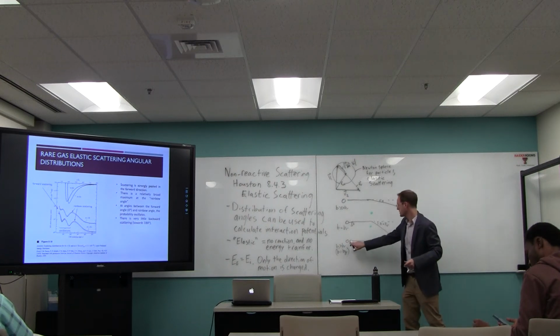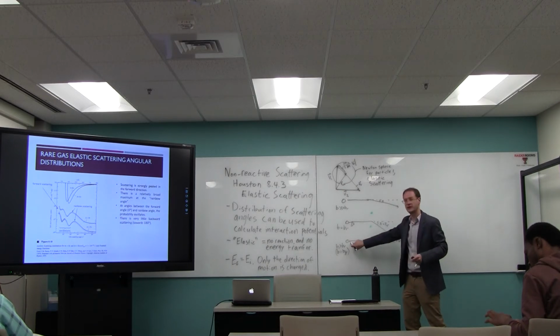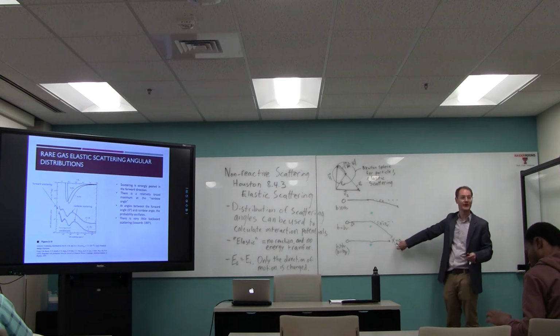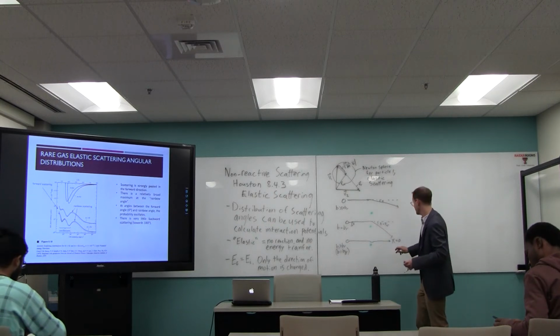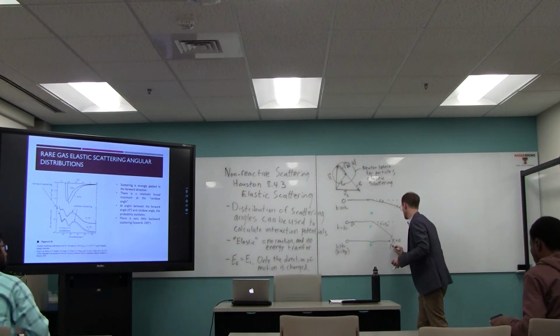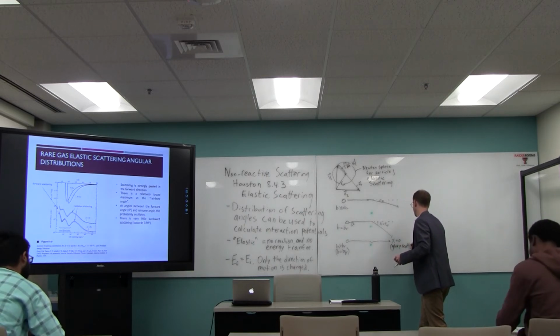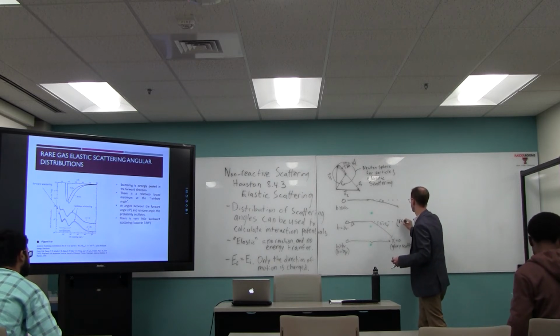And so in this particular situation that I've drawn here, the scattering angle goes through 0, and that's a special impact parameter called the glory parameter. So this is called glory scattering. And this one is called rainbow scattering.